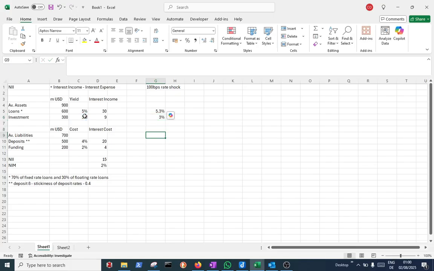What happens to deposits? I've already mentioned that the deposits are sticky and we have 0.5% beta. What does it mean? It means that when interest rate rises, the banks are not really in a hurry to increase the cost of the money they use.